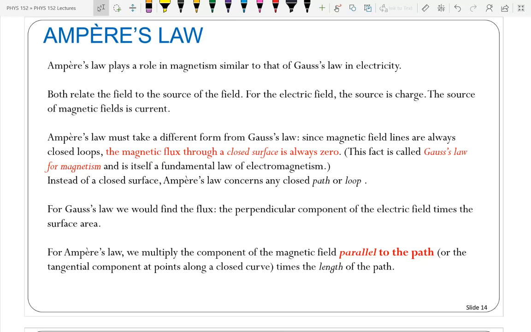Well, it's not really flux. It's really called the circulation. Magnetic flux is related to Gauss's law, and Gauss's law told us how much charge is enclosed.